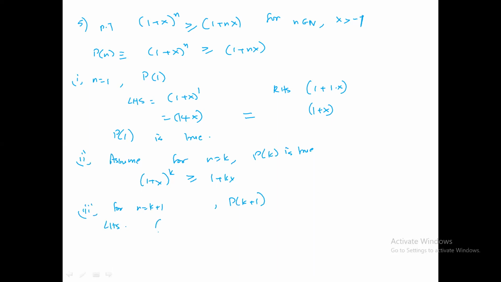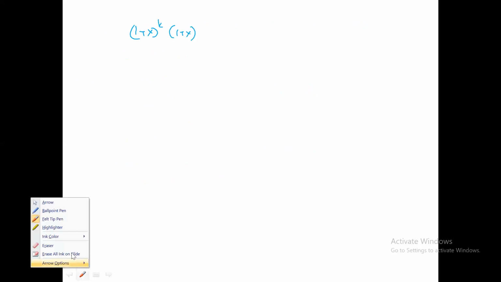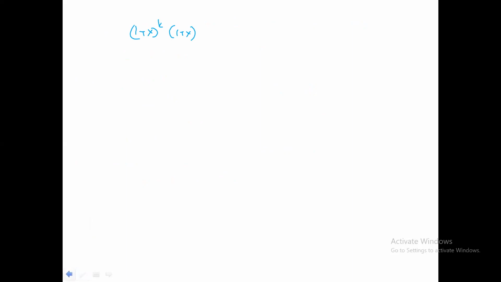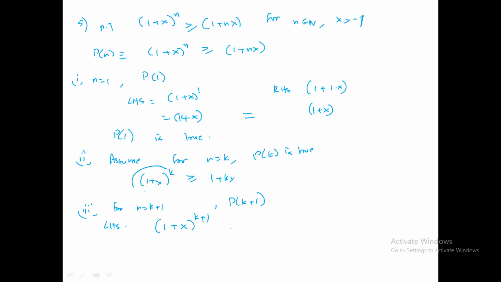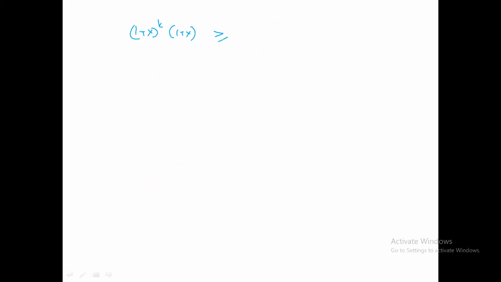I will take the left hand side (1 plus x) power k plus 1. But I can write this as (1 plus x) power k into (1 plus x). This (1 plus x) power k, from P of k, I can say it is greater than or equal to 1 plus kx. But this 1 plus x will be the same.